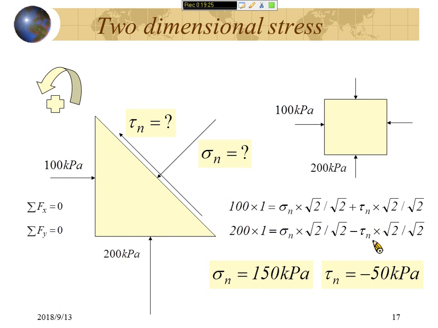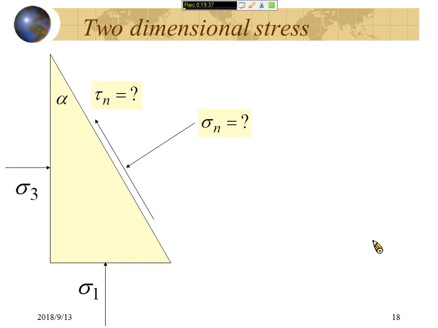Minus means the direction of the shear stress is clockwise, because counterclockwise will be positive. Please always remember the definition of the sign. For my analysis, I always assume counterclockwise to be positive. So if you have a negative value of shear stress, it means the direction will be clockwise.